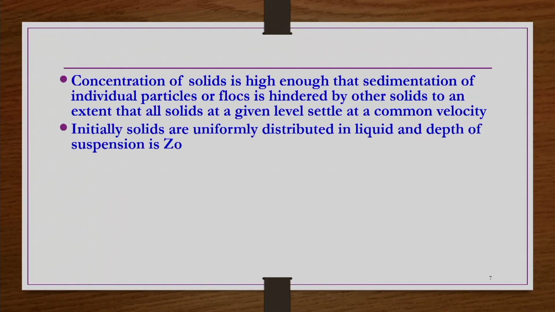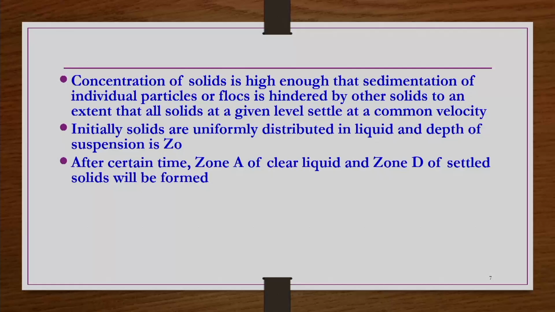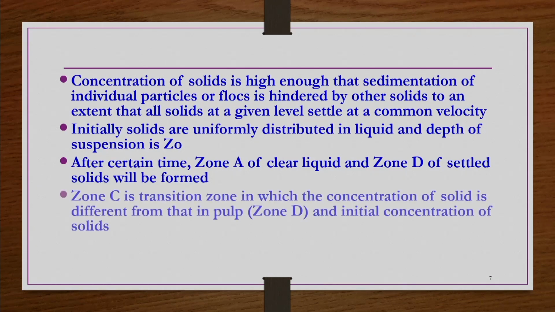Initial stages: initial solids are uniformly distributed in liquid at a depth of suspension Z0. After certain time, zone A of clear liquid and zone D of settled solids will be formed.